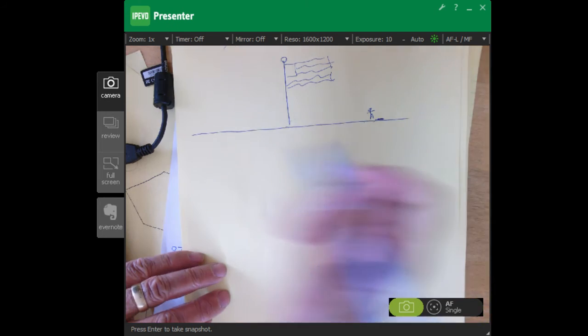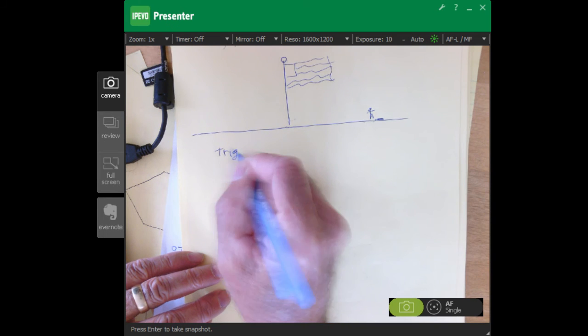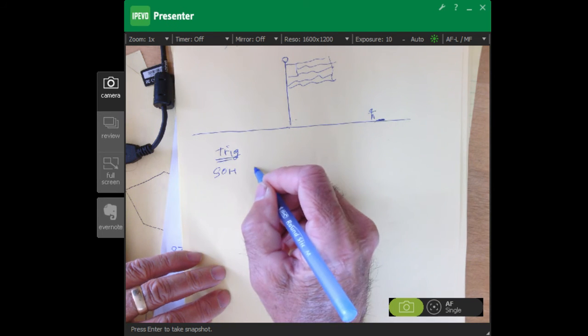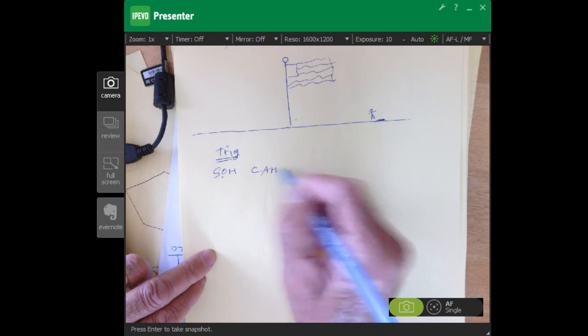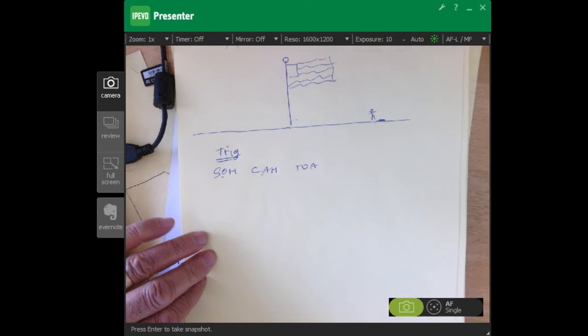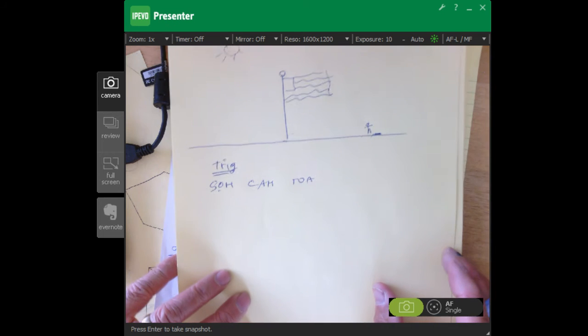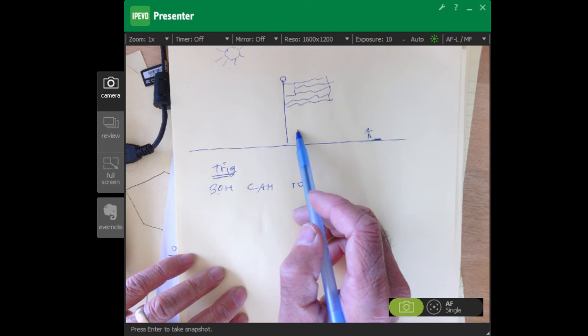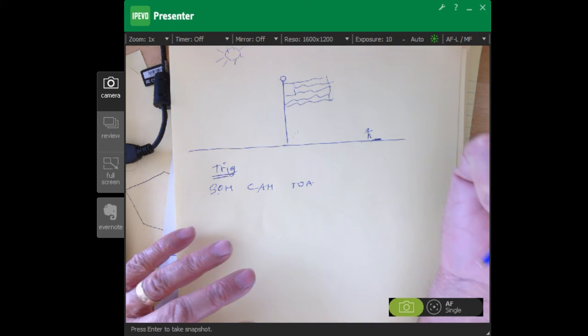What do we know? Well, we have our trigonometric ratios, so SOH CAH TOA. Okay, we have a flagpole. We have sun. Okay, it doesn't seem like we can, and there's no triangles here, right? So you have to kind of think outside your box.